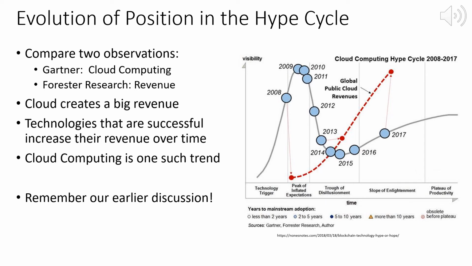In 2008, we saw a real strong uprising of the cloud. In 2006, things started through offerings of Amazon. In 2010, the peak was reached. In 2017 and 18, we are now in the plateau of productivity. And as said, this doesn't mean cloud computing has disappeared from the hype cycle.